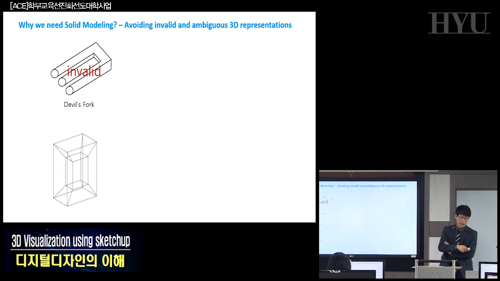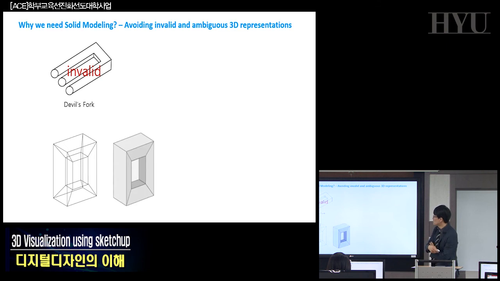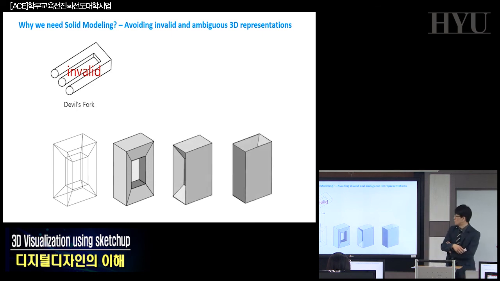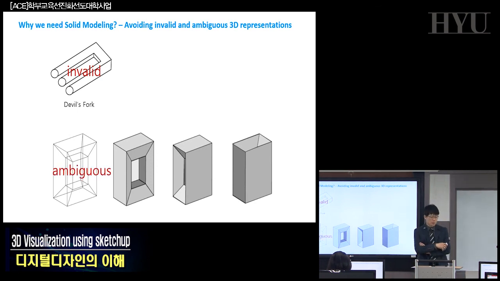How about this? As I introduced before, this one looks like a solid object, a box shape which has an empty hole. But actually, some more representations can be exactly the same as that one. This is the so-called ambiguous representation of a 3D object.